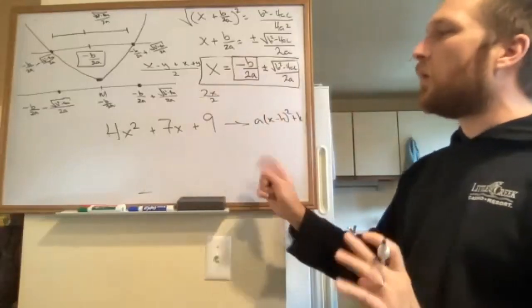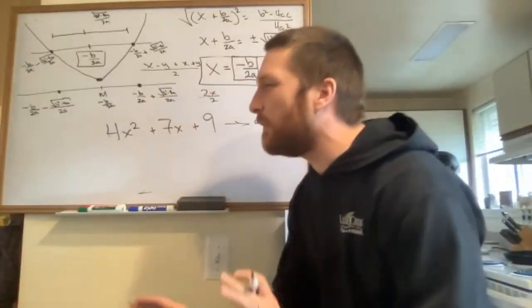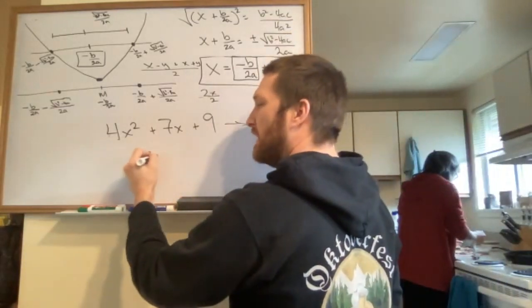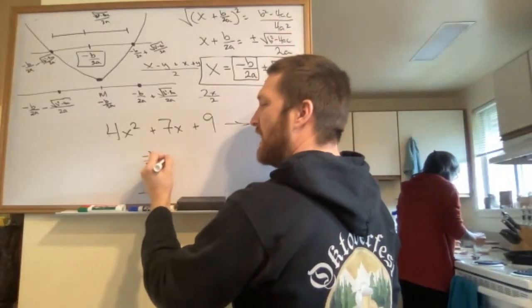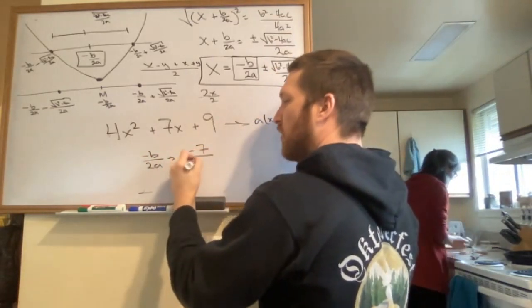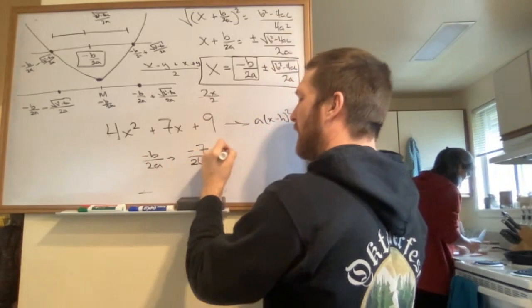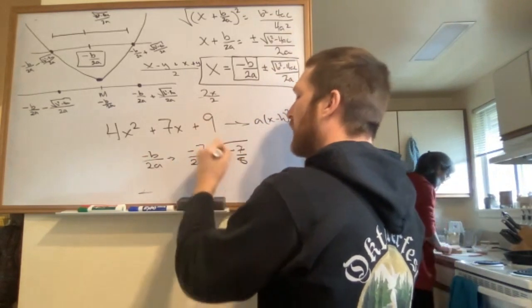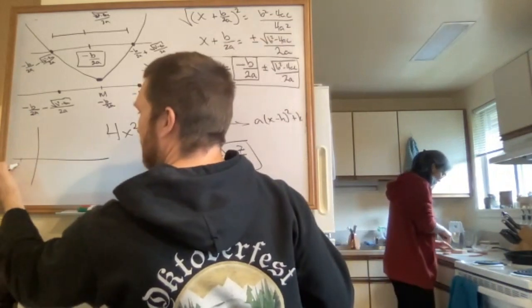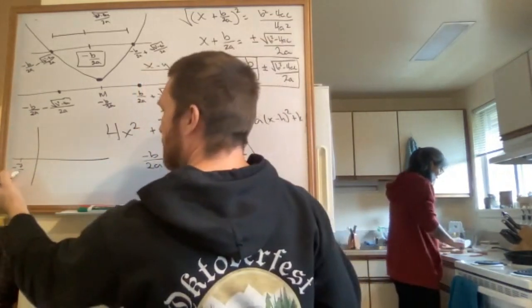You could just say, if all I care about is the vertex, I know that the vertex occurs at minus b over 2a. So that should be minus 7 over 2 times 4, or how about minus 7/8? And so I know the x value of the vertex. I'm down here at minus 7/8.